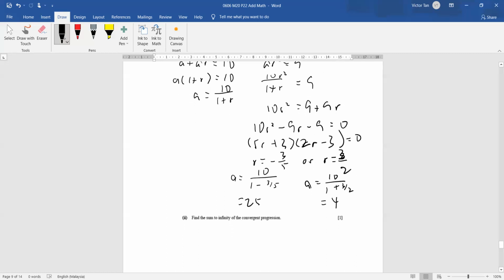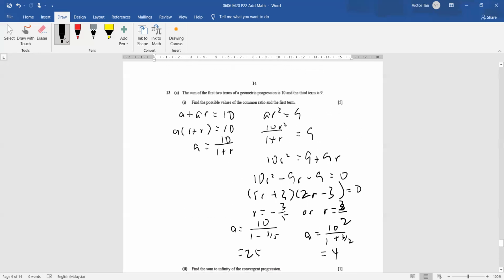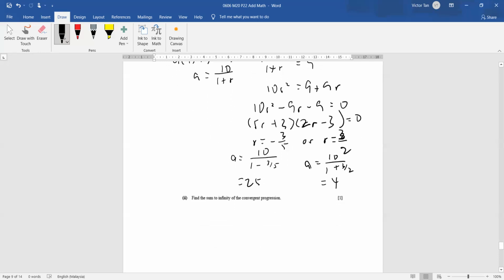So there you have two pairs of answers. Find the sum to infinity of the convergent progression. A progression is convergent when r is between minus 1 and 1. So in this instance, you take r equals minus 3 over 5. So a over 1 minus r equals 25 over 1 minus 3 over 5.